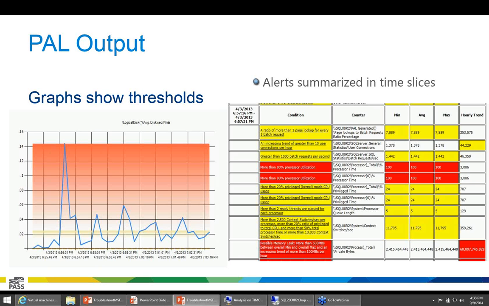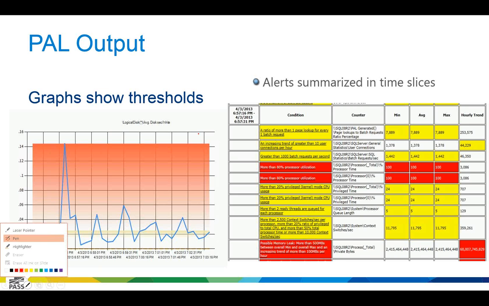It will summarize that information, and you can click on any of these conditions, and it's going to point you to a graph, and it will tell you, based on the timeline, when you ran into that particular problem. In this case, I'm looking at logical disks, average disk seconds per write, which is disk latency for a write to a disk as encountered by the operating system.